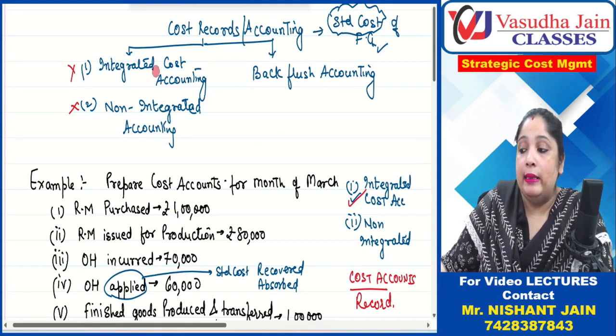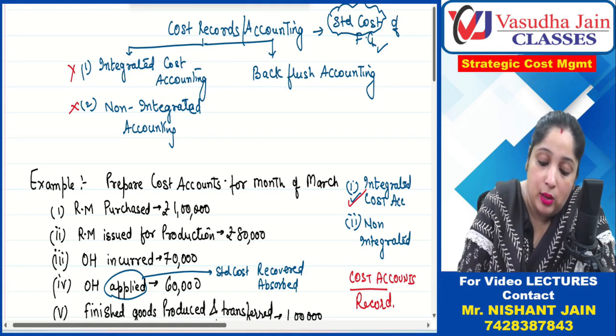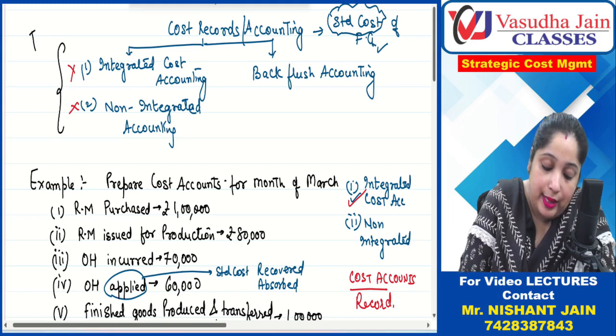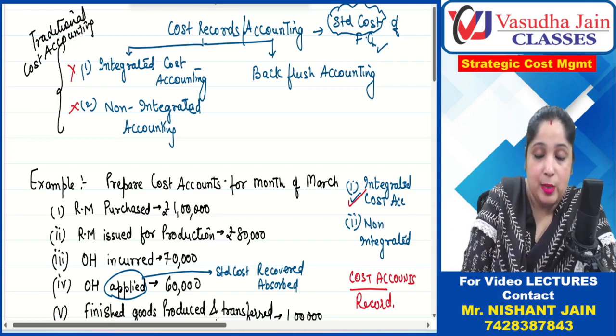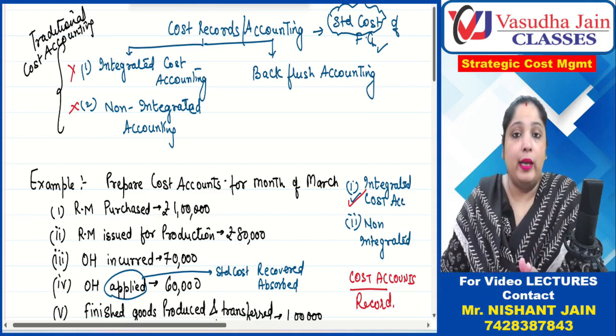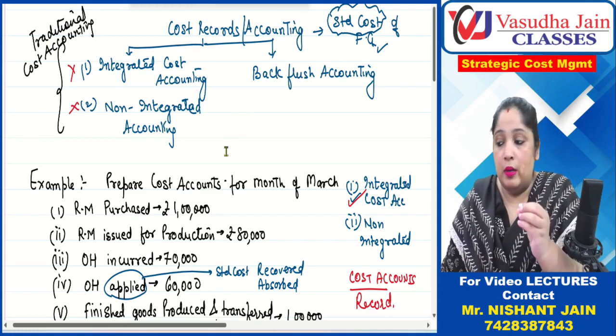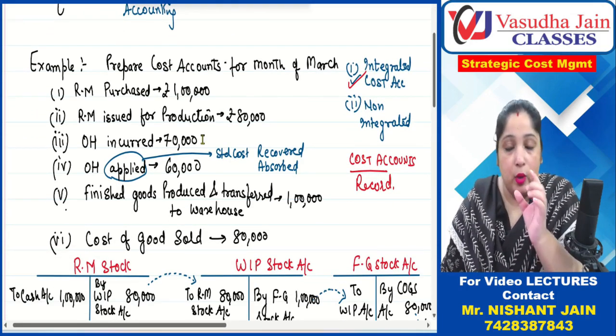Now, let us call the traditional system traditional cost accounting. In traditional cost accounting, the recording of the transactions takes place from the beginning. What does it mean?